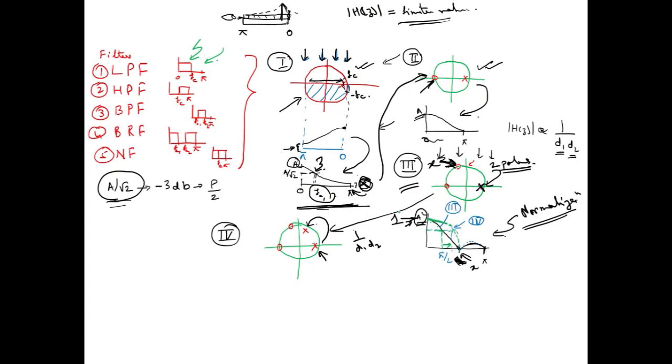Here what is happening? We are saying that at 1 by root 2 you are having the cutoff frequency, but if you look over here, the signal is losing its power, and it is losing its power very rapidly.